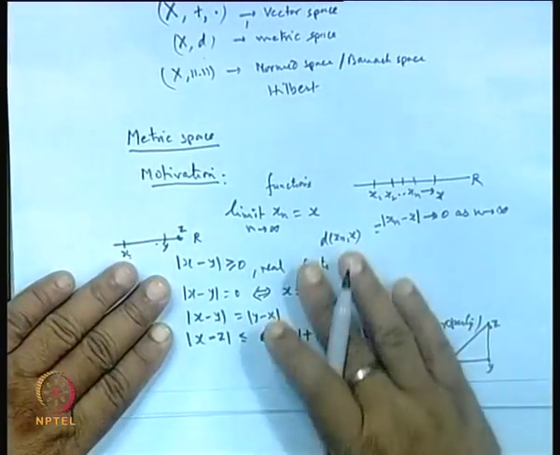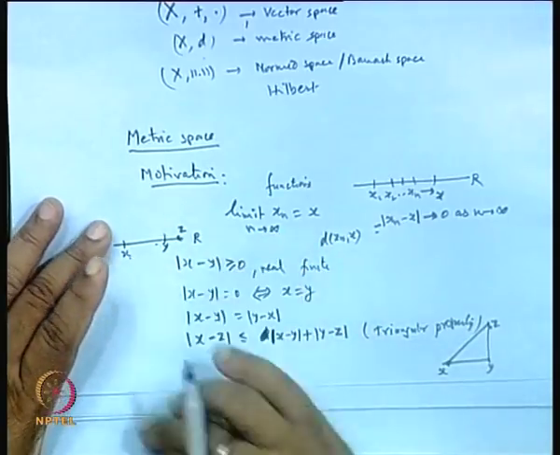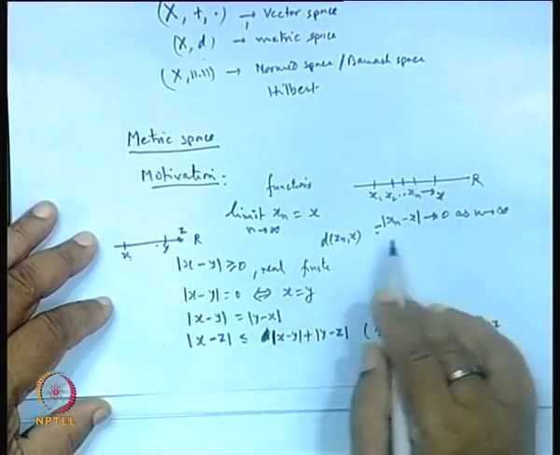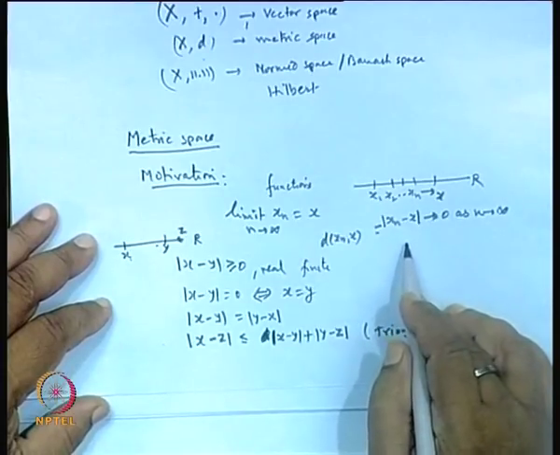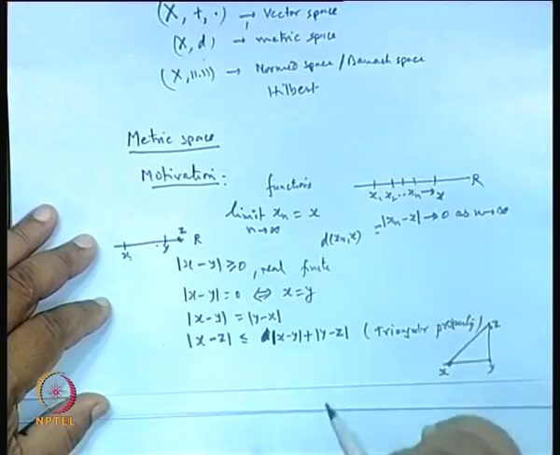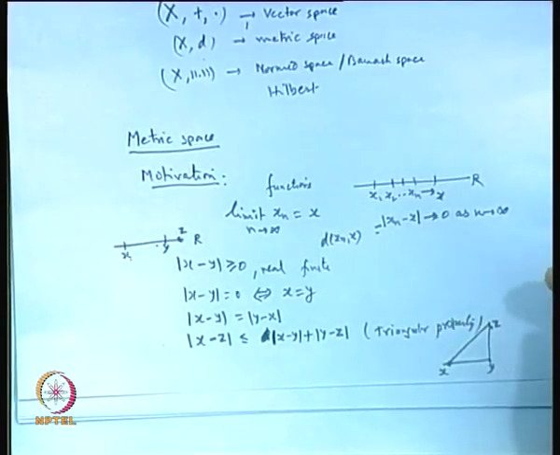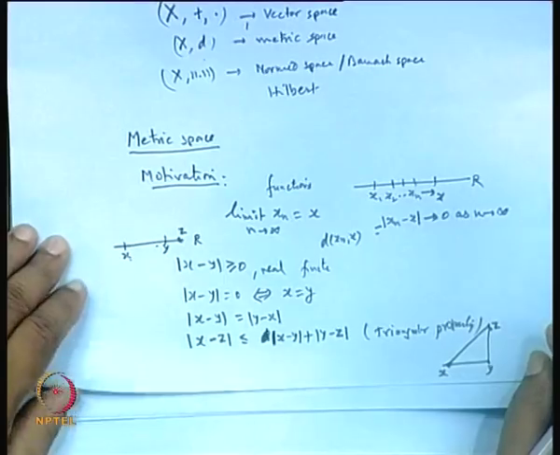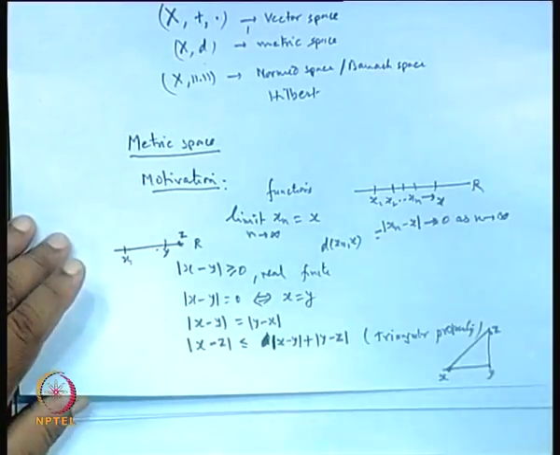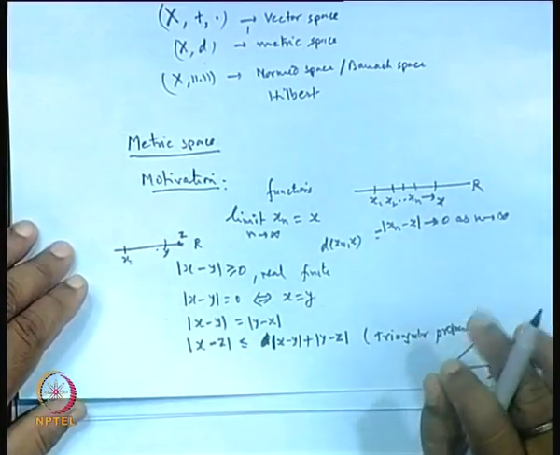Now, keeping in mind these conditions which the usual metric function on the real line enjoys, we wanted to extend this idea to a general abstract set X. Why should we restrict our study only to the real line or only to the complex plane?